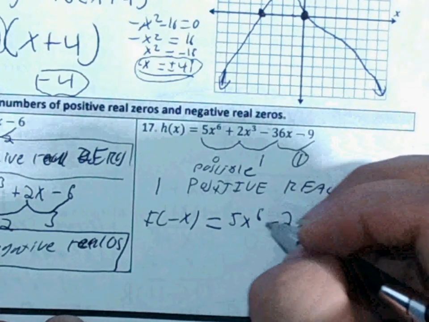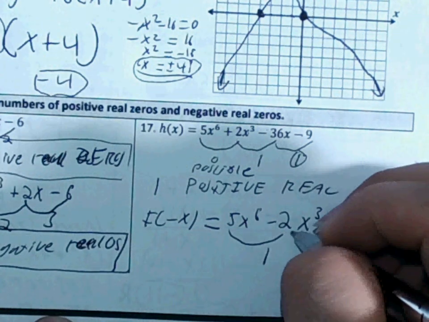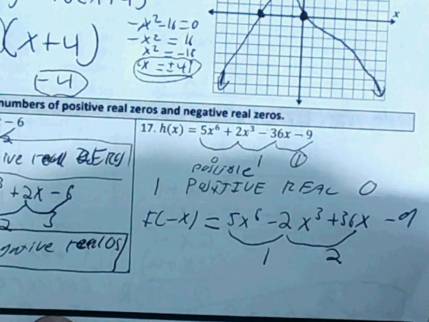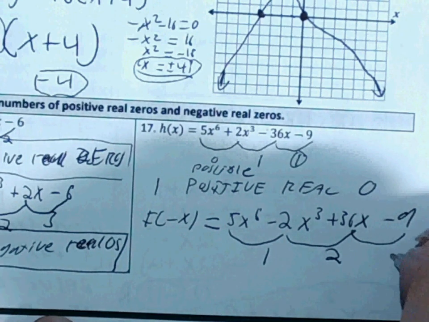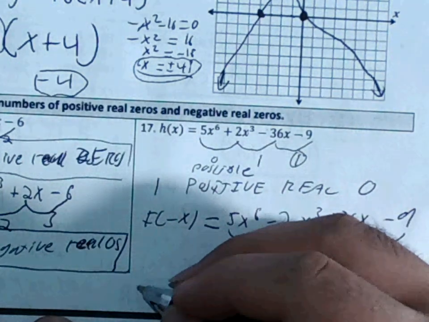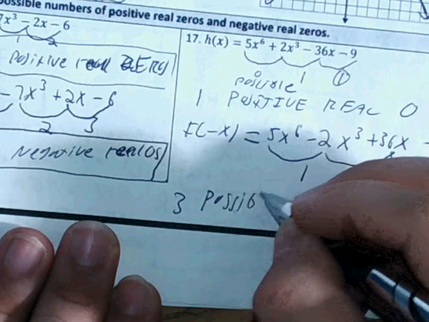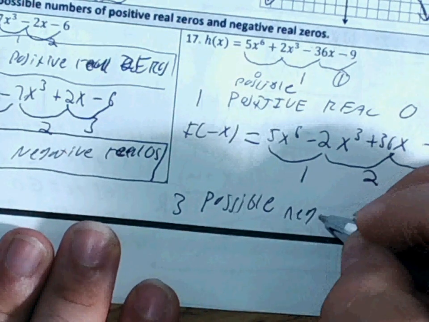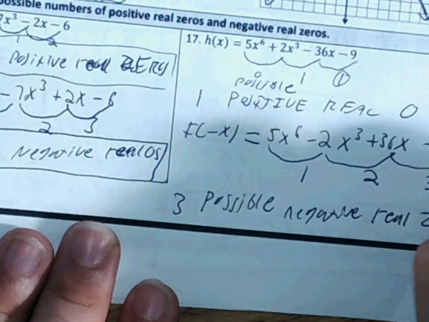So look at the sign changes. 5 to negative 2, that's one sign change. Negative 2 to positive 36, that's two sign changes. Positive 36 and negative 9, that's three sign changes. So we have three possible negative real zeros.